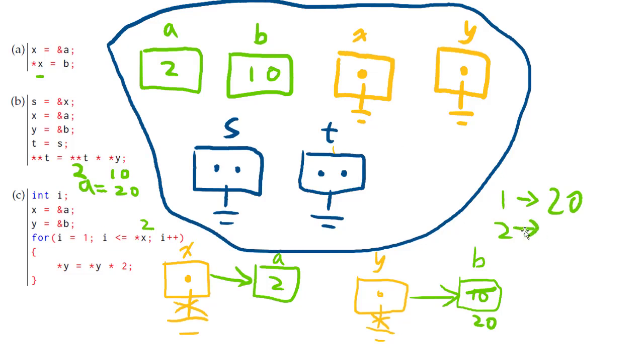We are not yet done. We have a second cycle. If you have a second cycle, then it's going to continue. We dereference y again. If we dereference y, we get the 20. Our variable b multiplied by 2, which is dereference y, is equal to 20 multiplied by 2. So its answer is 40.